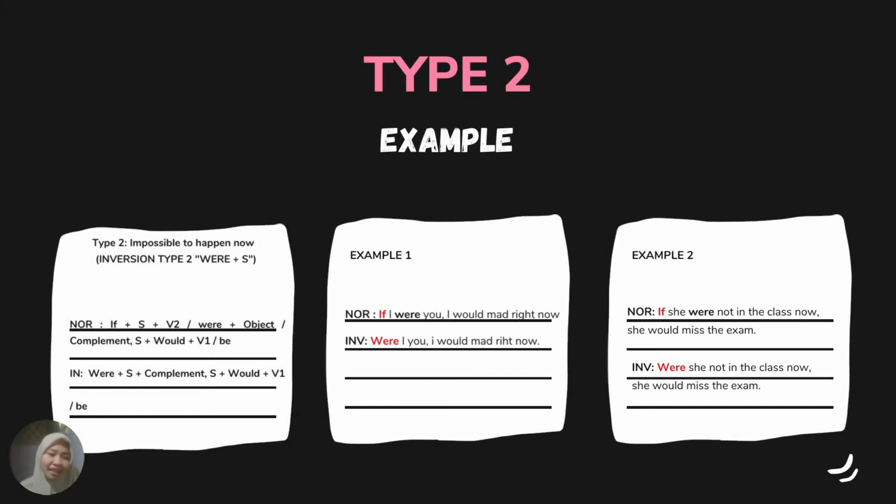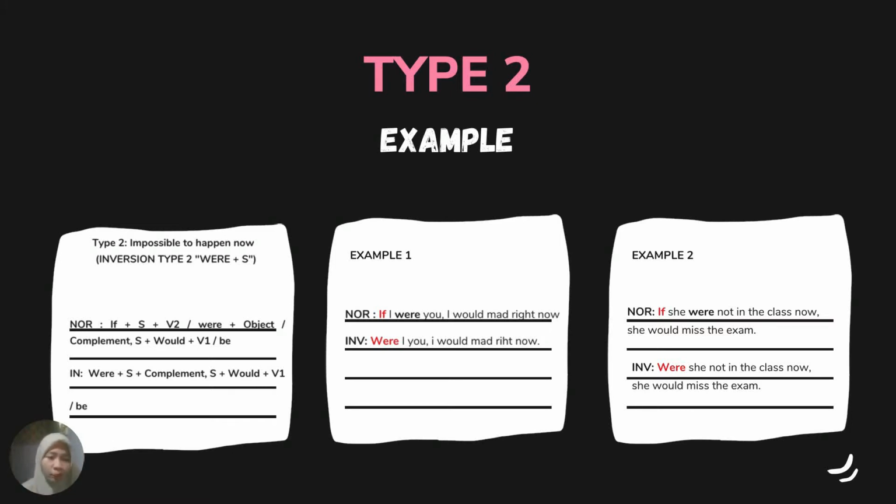And for the inversion sentence, we have were plus subject plus complement, subject plus would plus verb 1 or be. What I want to tell you is, for type 2, the sentence that can be changed into an inversion sentence is only a sentence that uses to be were. So the whole example here is using to be were.